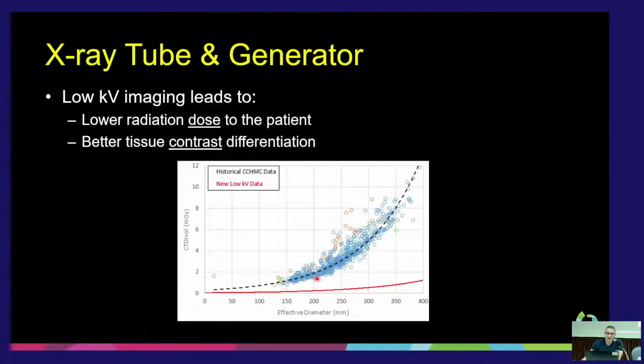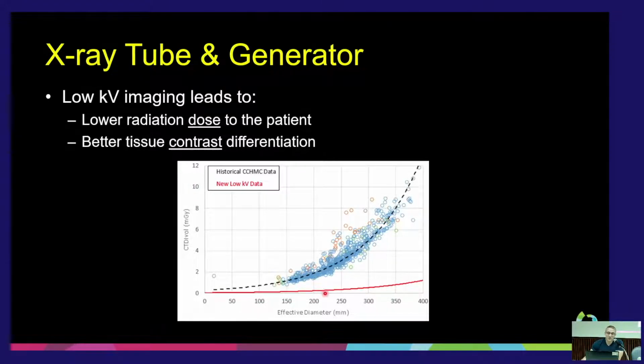Here you can see it follows a very typical exponential curve. It's ranging from our little kids down here, roughly about 1 to 2 milligray CTDIvol, up towards our adults, or our adult-like patients, our teenagers and young adults. We're in the 10 milligray range for the body.